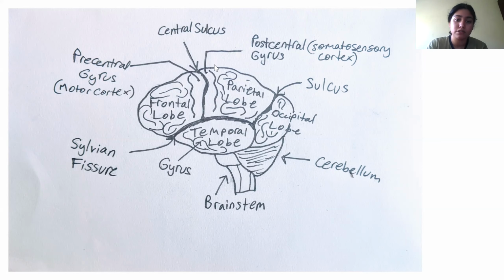And the postcentral gyrus over here in the parietal lobe portion is the somatosensory cortex, and it also contains a similar map of the human body that directly corresponds to the sensation of touch in those body parts.